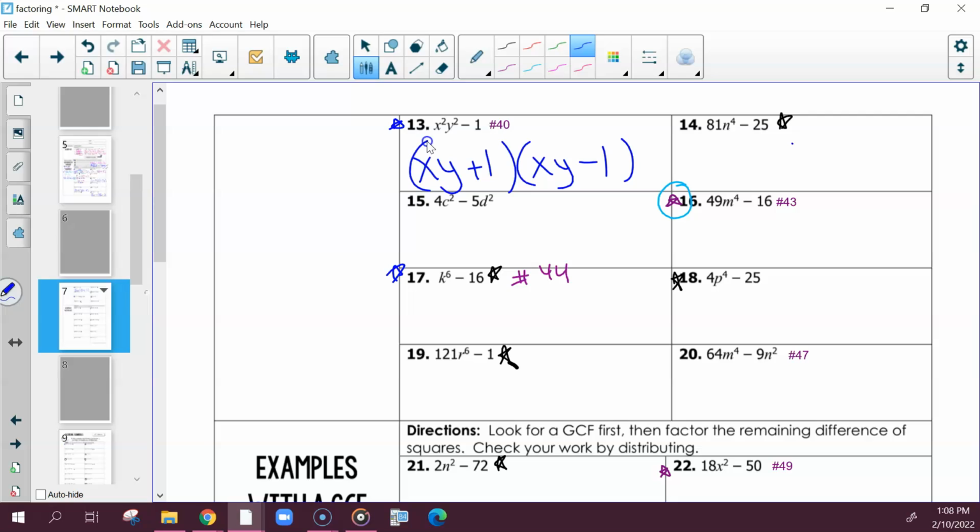So for 14, if I were to divide that exponent by 2, I would have n squared. 9 times 9 gives us 81, so we have 9n squared plus 5 and 9n squared minus 5. So when you have something that's higher than 2, we're still going to do that. Just divide your exponent by 2.